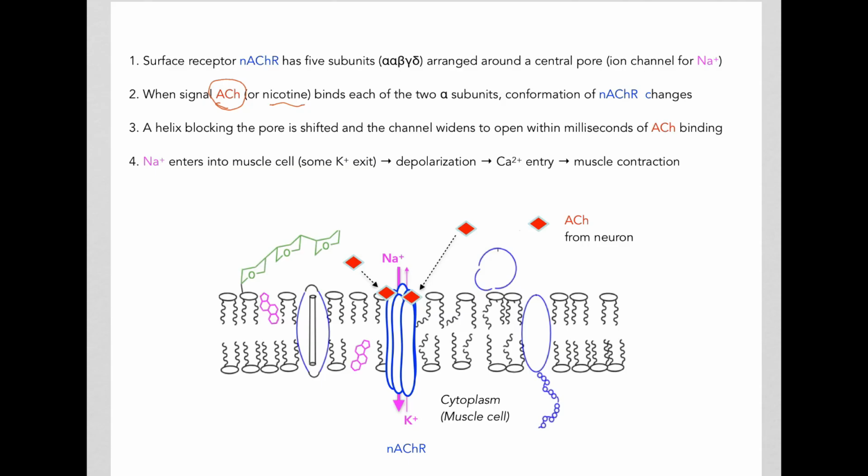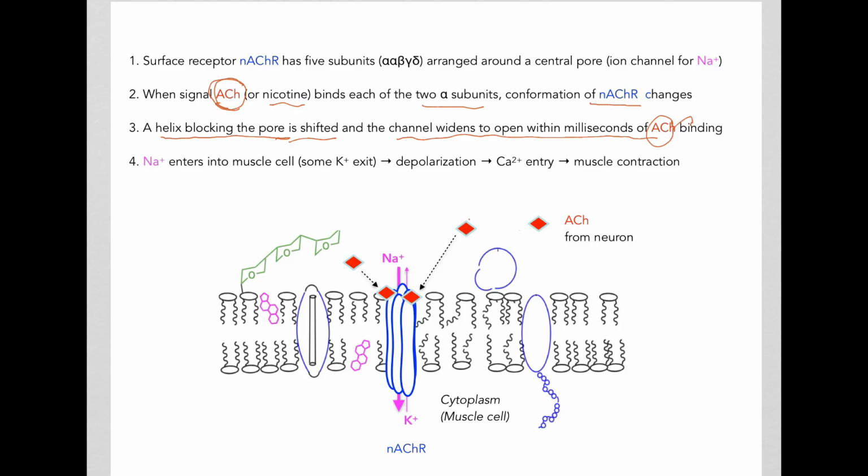So when the natural signal acetylcholine binds to the receptor at the 2 alpha subunits, the receptor shape changes. And when the receptor shape changes, there is a helix that is blocking the channel. That helix is moved away, and the ion channel opens very quickly within milliseconds of the signal acetylcholine binding to the receptor.